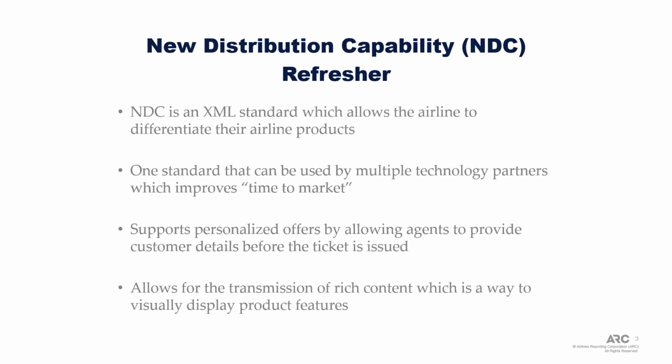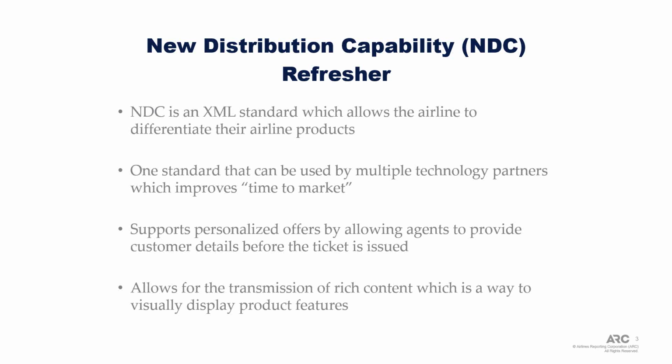So first, let's just do a quick refresher on NDC. What is NDC? NDC is an XML standard which allows airlines to differentiate their airline products. Some of the important things about it are that it's one standard for partners, which can improve time to market with the various products that airlines want to distribute.